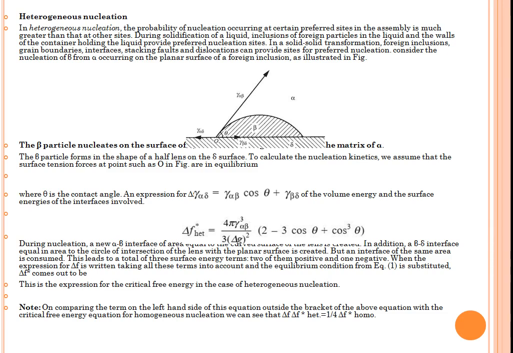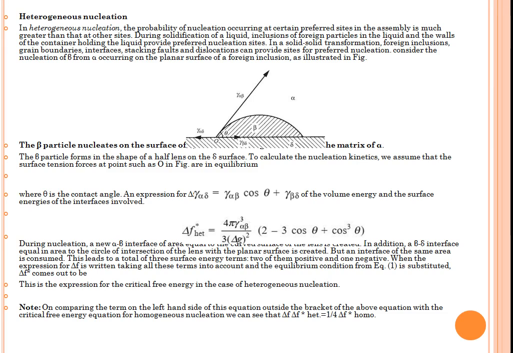Consider nucleation of beta from alpha on the planar surface of a foreign inclusion. Here beta nucleates on the surface. The beta particles form the shape of a lens on the delta surface.